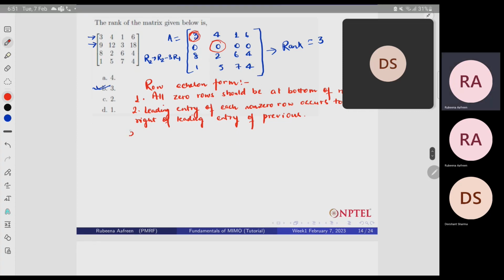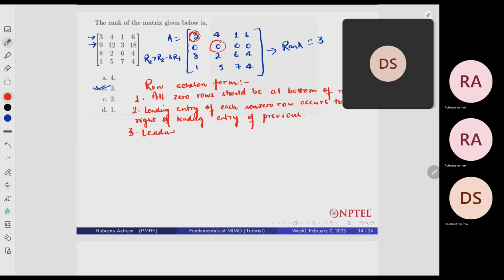Then the third thing, as I mentioned currently, is that the leading entry of any non-zero row is 1.